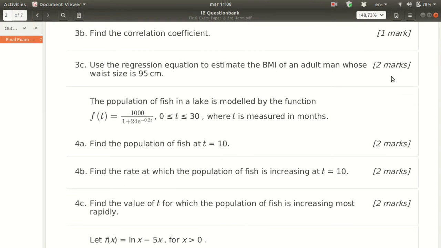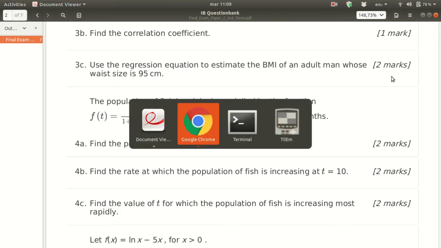Okay, so let's look at question 4. The population of fish in a lake is modeled by the function f of t equals 1000 over 1 plus 24 e to the power of negative 0.2t for t between 0 and 30, where t is measured in months. Find the population of fish at t equals 10.